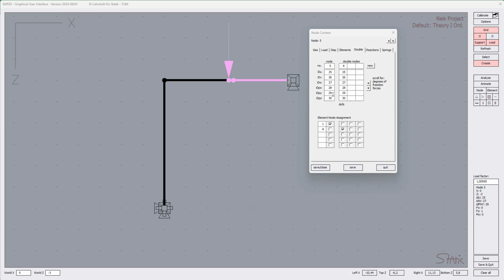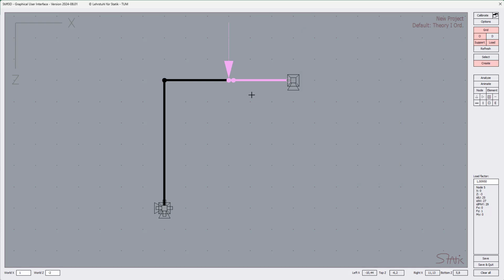Then you see this new double node, and still nothing happened. You see we have the double node, numbered 6, and this node is sharing the same degrees of freedom, all 6 degrees of freedom, 3 displacements and 3 rotations, as the old node.